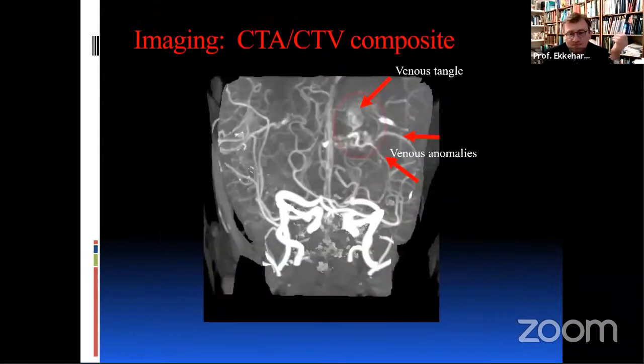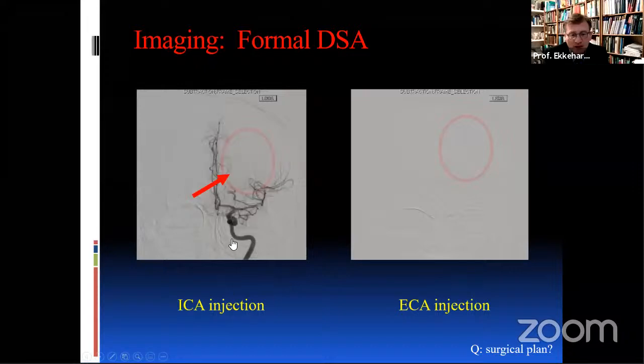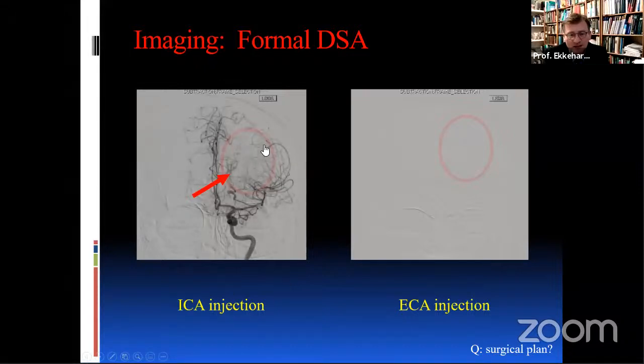So I decided, let's get a CTA with the composite angiogram. We saw lots of venous abnormalities surrounding this tumor. You can see the leptomeningeal anastomoses going deep, which I didn't understand, but maybe that's just the projection. So I decided we need a formal angiogram. On the left side, you see the ICA injection.